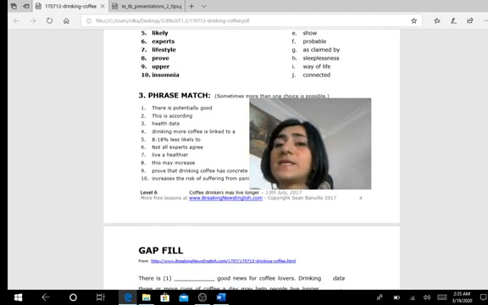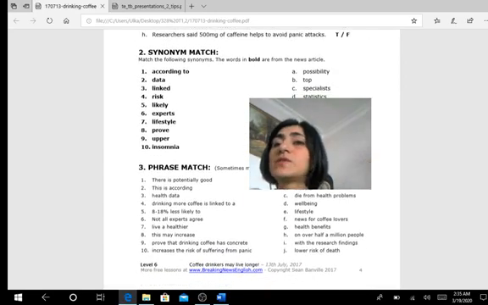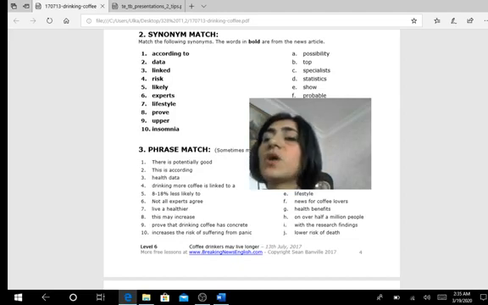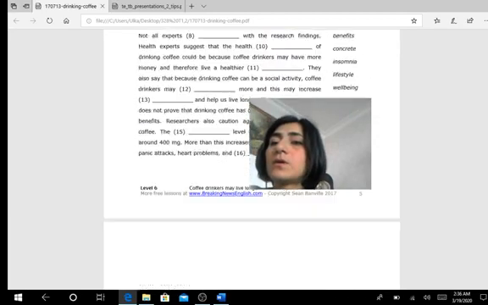Exercise 3, phrase match. If in the second one it was synonym match, so in the third one it will be like a phrase match. So the phrase you see is bigger, and again you match the right column with the left column. The next one is a gap fill. No, I'm sorry.